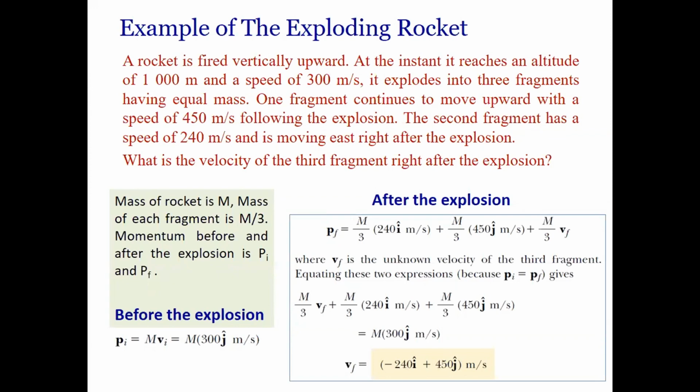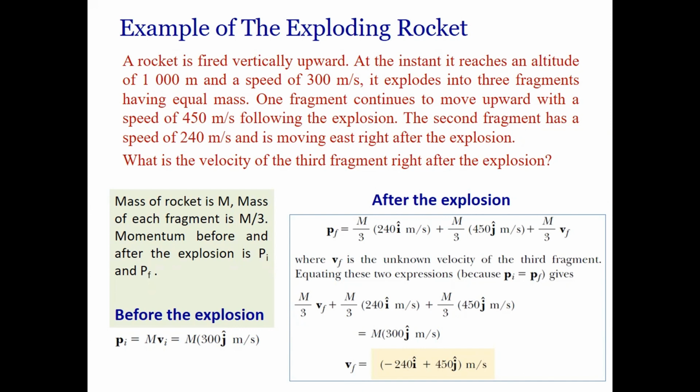Now we write down the momentum before the explosion. The momentum before the explosion is defined as Pi, the initial momentum, equal to mass times the initial velocity.